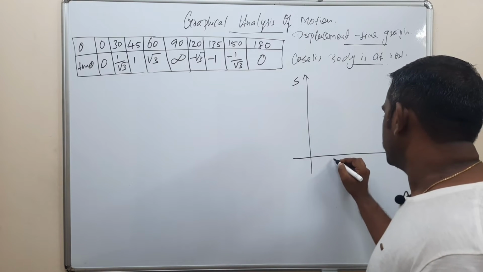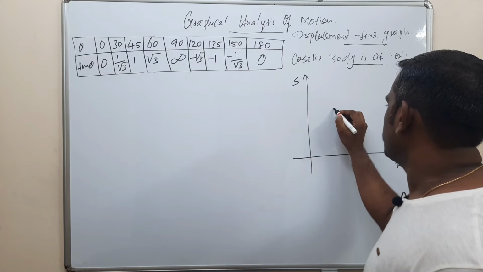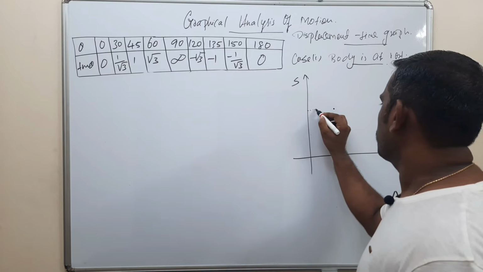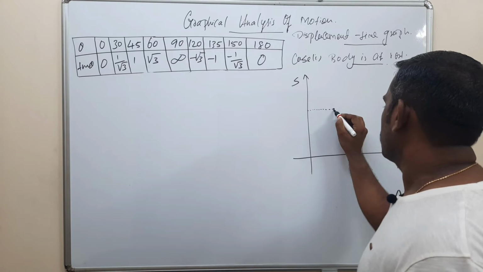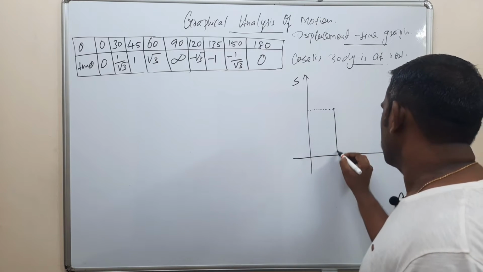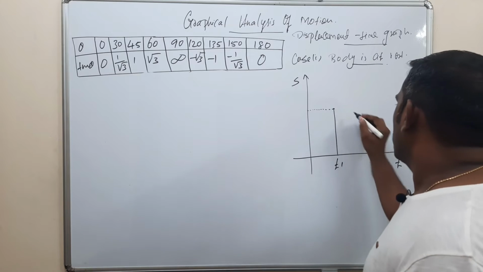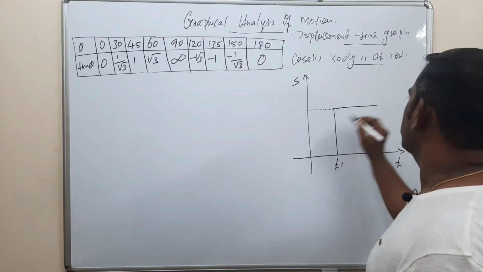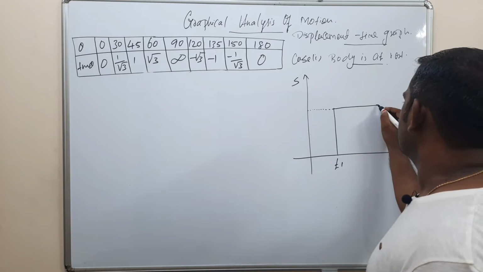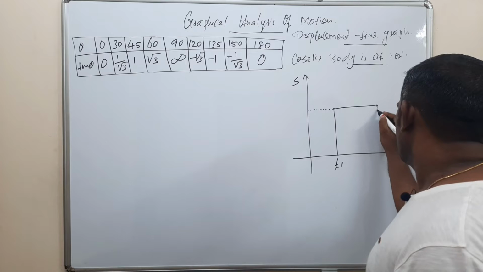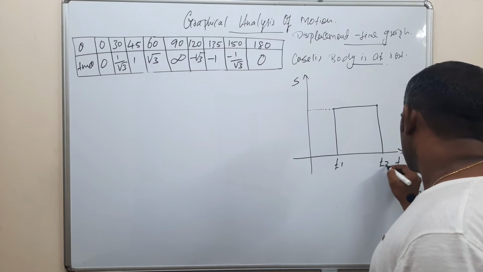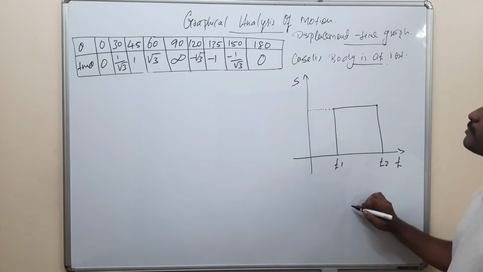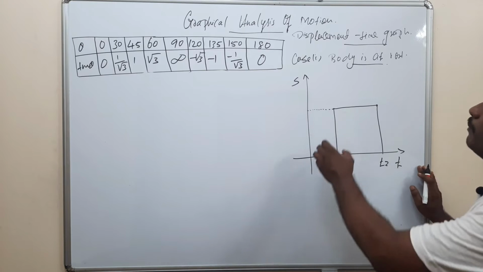At a time t1, the body is at a particular position. At the time t2, the body is at the same position because the body is at rest. The position does not change. So this is the displacement time graph for a body at rest.